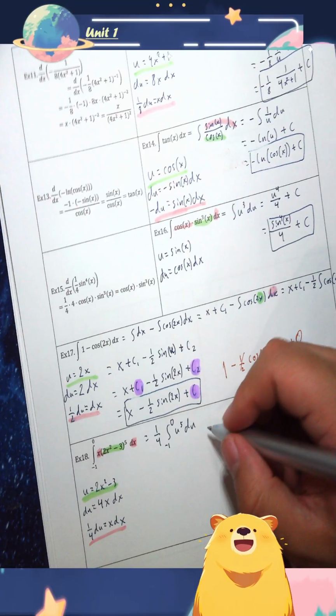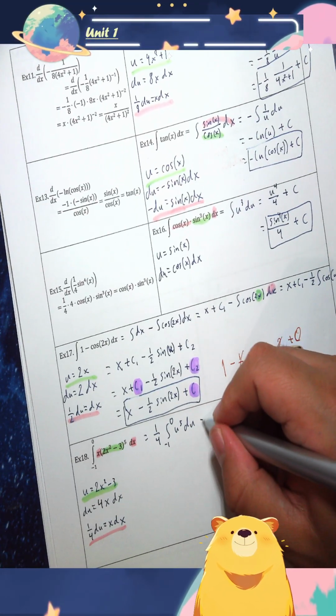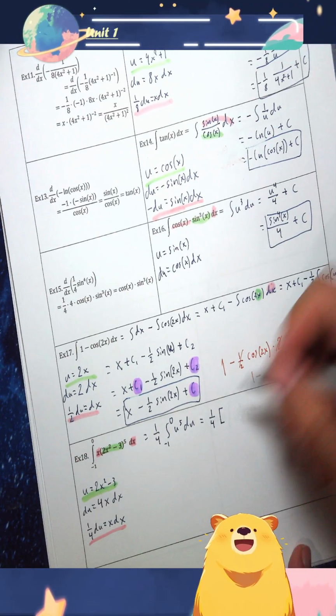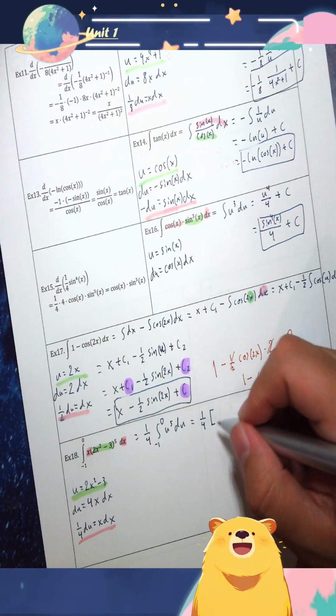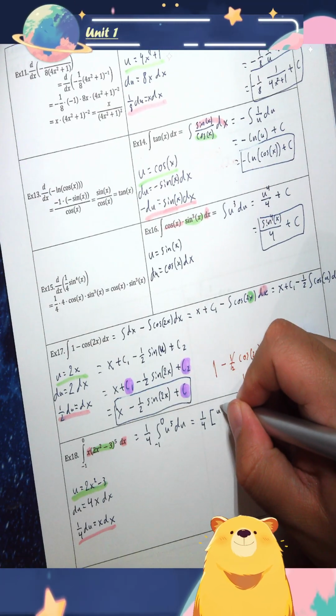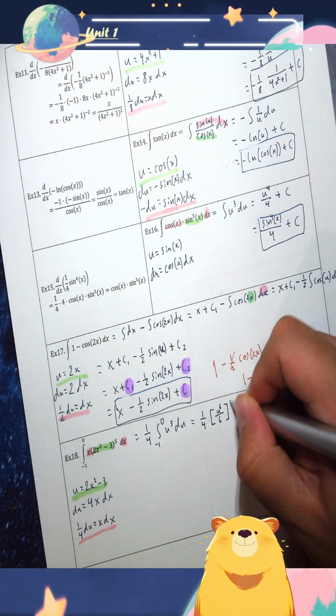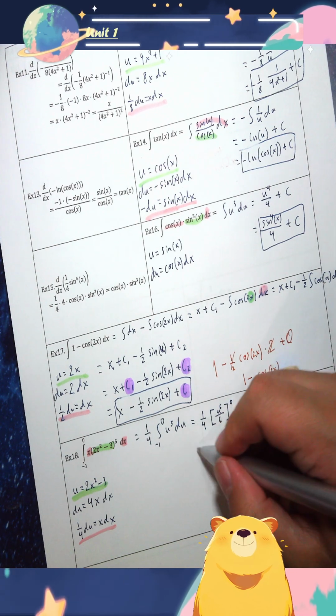Then from here, we're going to use that power rule, 1 over 4. And I don't have to include the plus c anymore because we're doing a definite integral. u to the power of 6 over 6 from 0 to negative 1.